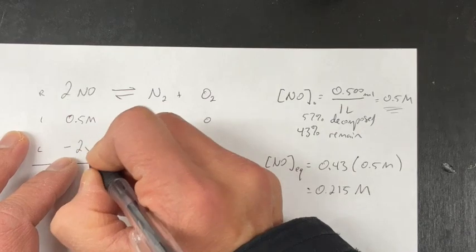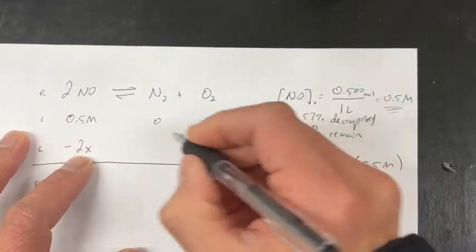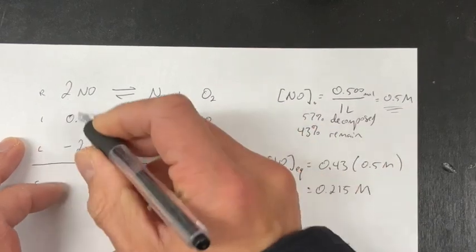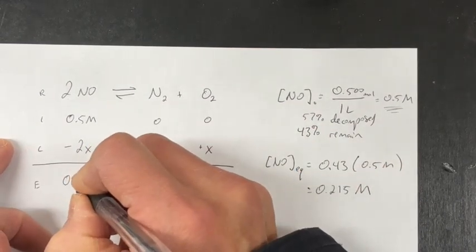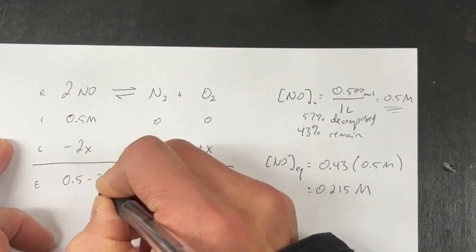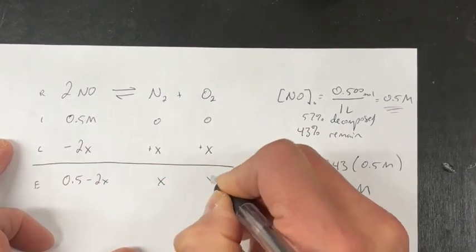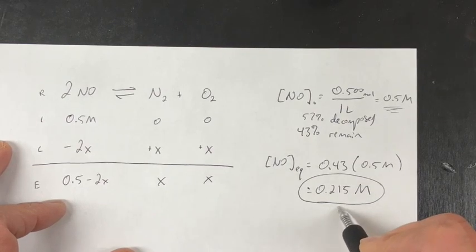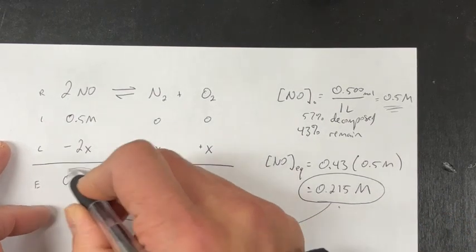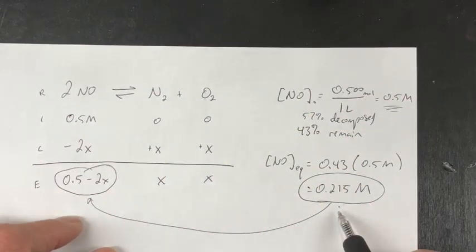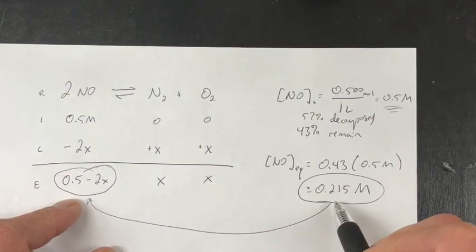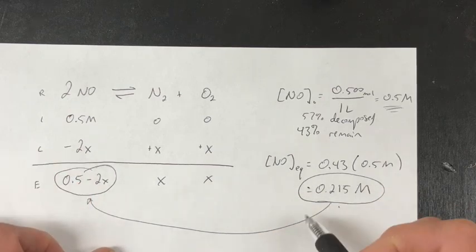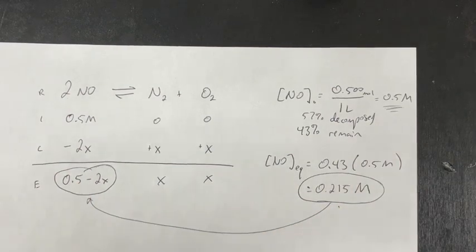Well, by a factor of 2x. This is going up by x. Go up by x. So I plug in my things here, carry them down: 0.5 minus 2x, x, and x. And where does this go? Well, this ends up being what this is right here. Okay, so I can set my 0.215 to be this expression, solve for x, and then you can do everything else. Okay, good luck.